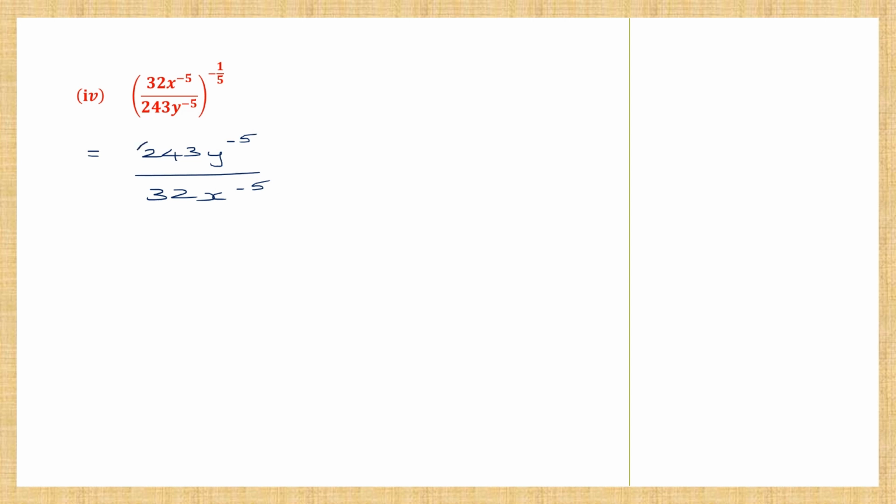So I've written the reciprocal. Now that I've written the reciprocal, my power will become positive. So that becomes 1 by 5. So now this is 243 raised to the power of 1 by 5 into y, which is raised to the power of minus 5, is also raised to the power of 1 by 5.